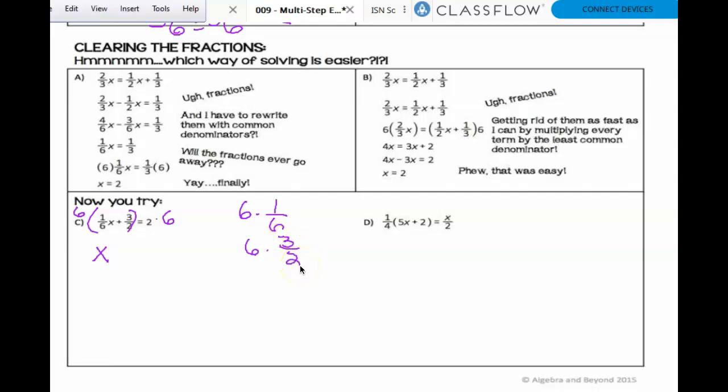If you need to, put a 1 under this. 6 times 3 is 18, divided by 2, 9. So plus 9 equals 12. And now the fractions are gone. And here, all I have to do is subtract the 9. And get x equals 3.